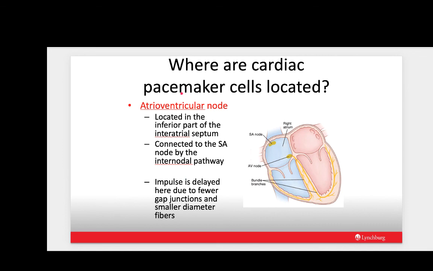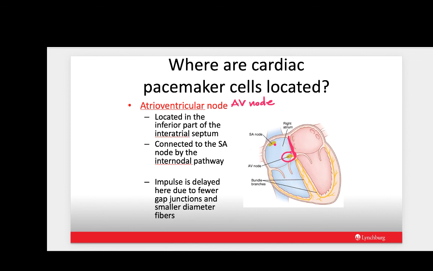The next location is going to be the atrioventricular node, or AV node, and that's going to be located here. So this is basically along the inferior part of that interatrial septum. That was one of the landmarks that we talked about inside the heart. So right at the bottom of that interatrial septum, we have the AV node.